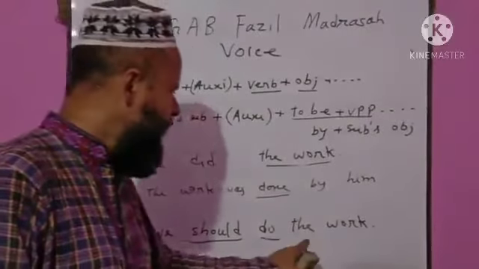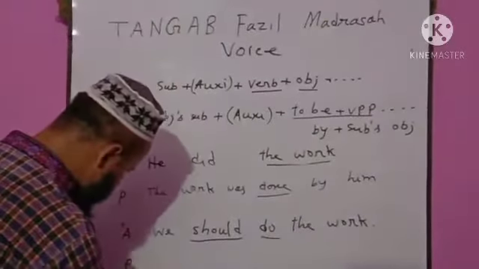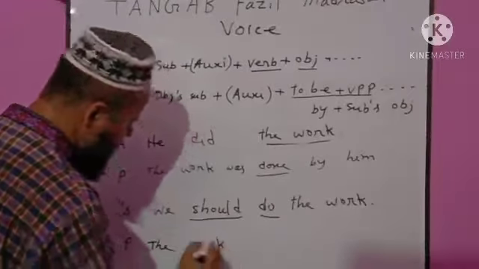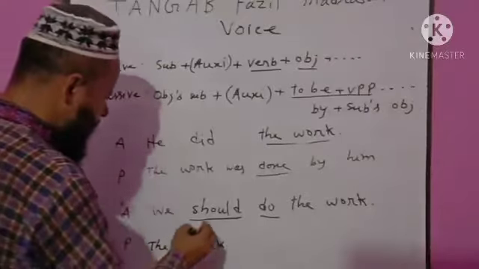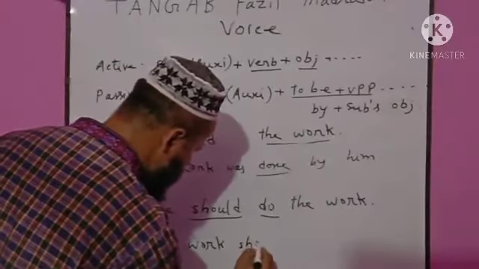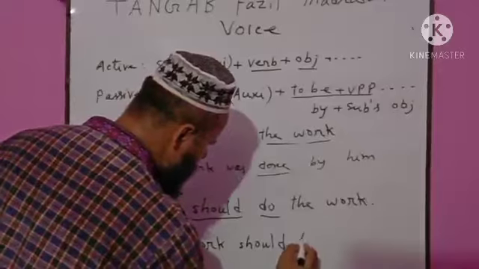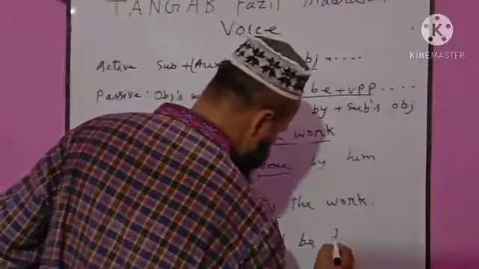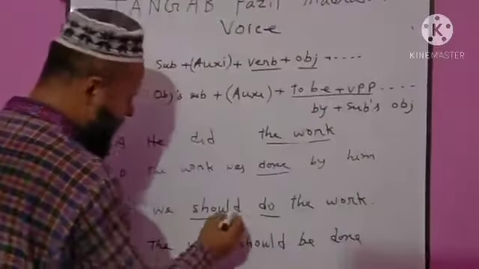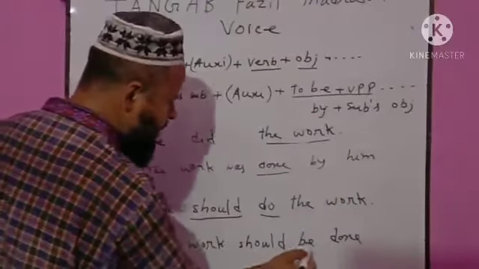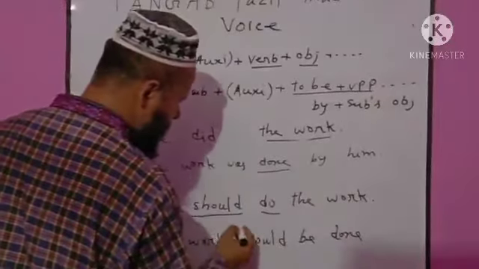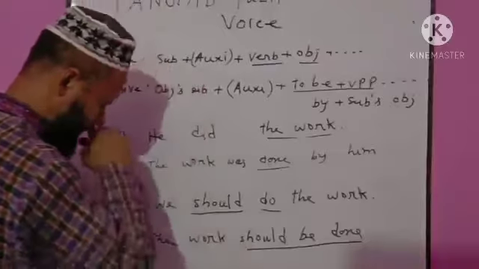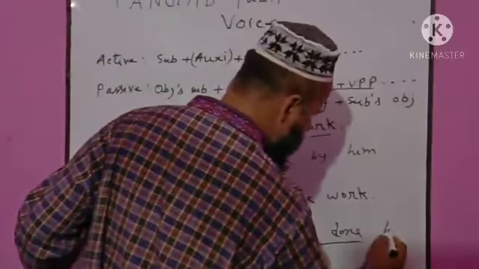The object is the work. The work will be the subject. Should is the modal. So the passive: modal plus be plus verb, past participle. Should do, should be done by us.